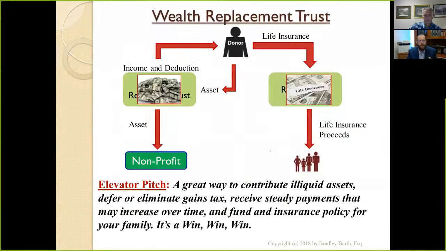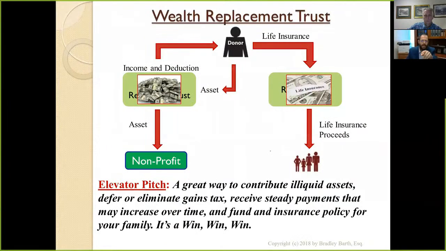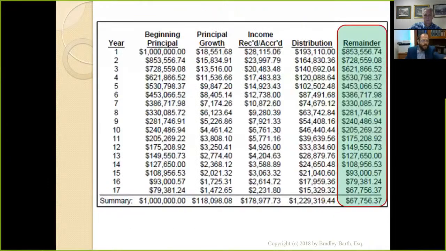Yes. So getting back to my example over here. Remember, our donor put that $1 million property inside, sold it, turned it into cash, and created our engine, which creates these distributions. During her lifetime, she dies. Now she dies. This over here in green is what goes to the charity.